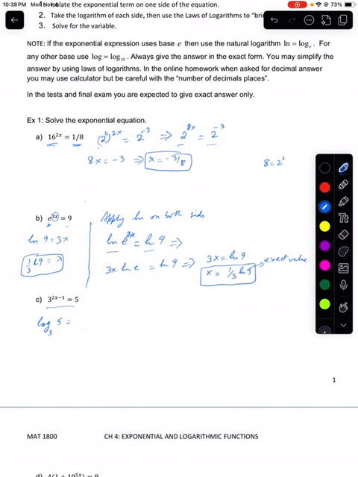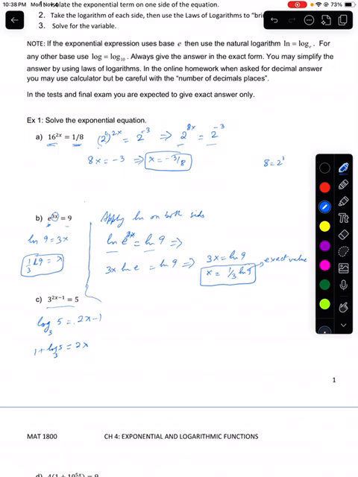So log of 5 base 3 equals 2x minus 1. Then I will add 1 to both sides, so I get 1 plus log base 3 of 5 equals 2x. Then I can multiply by 1/2 and get my x.